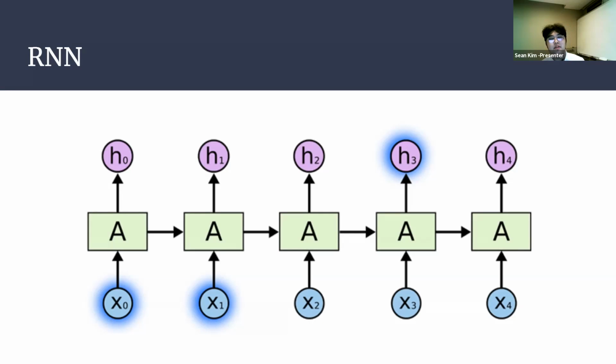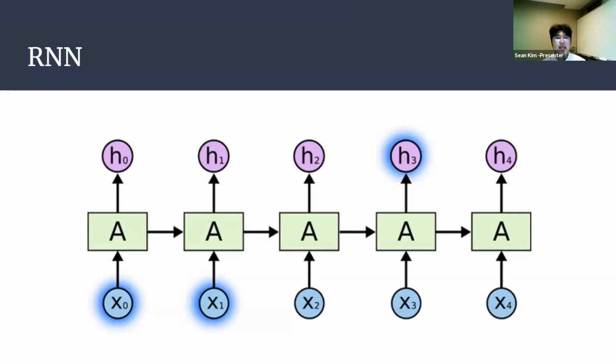Another example is predicting in a sentence what word will come next by looking at previous words. For example, if we have the sentence, "the clouds are in the sky," and we want to predict what the last word is going to be, we don't need to look at anything other than the sentence "the clouds are in the", because it will be very obvious that the last word is "sky."